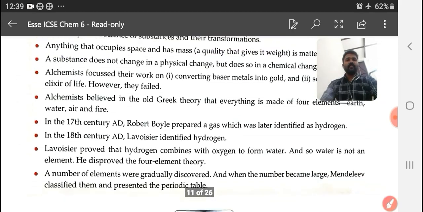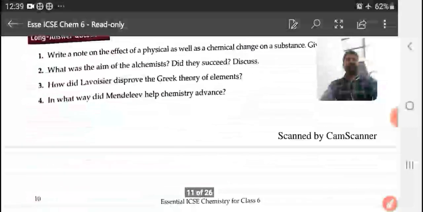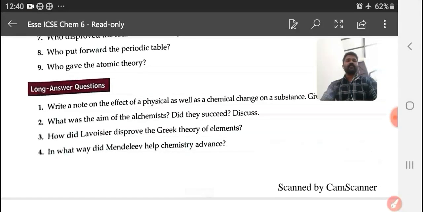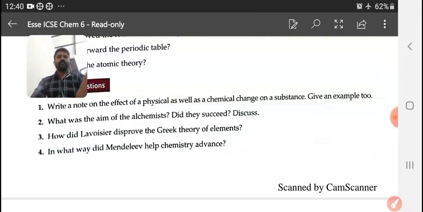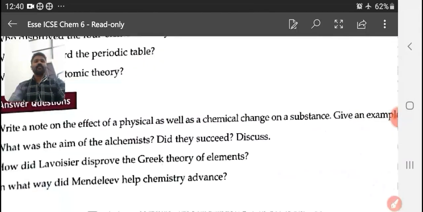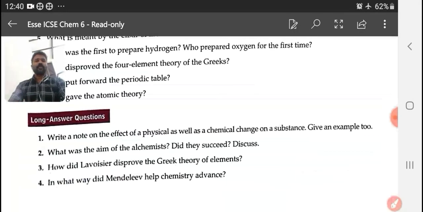Then you go to long answer questions. First, write a note on the effect of a physical as well as chemical change on a substance.